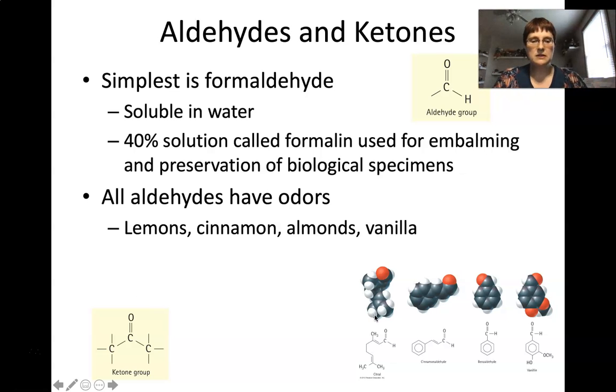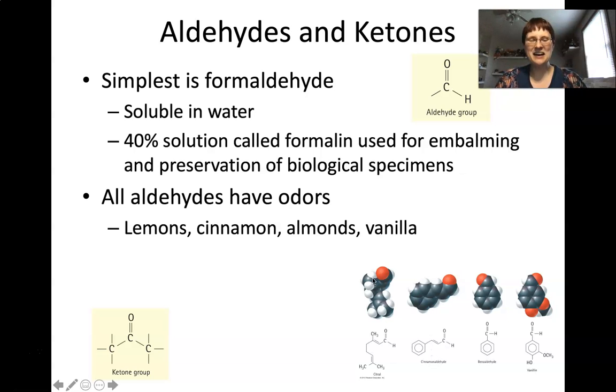So if you look down here, this molecule is called citral. That's the one that's responsible for making lemons smell the way that they do. The next one is cinnamon aldehyde. I bet that one's the one that smells like cinnamon.